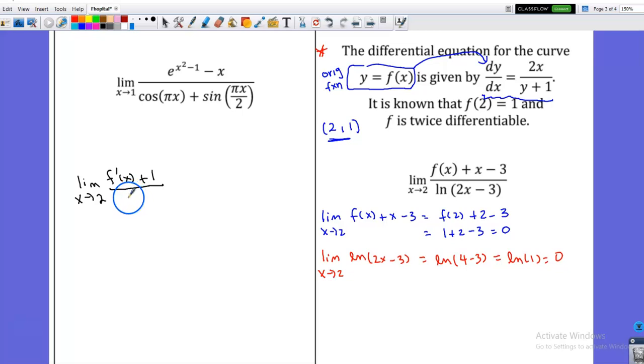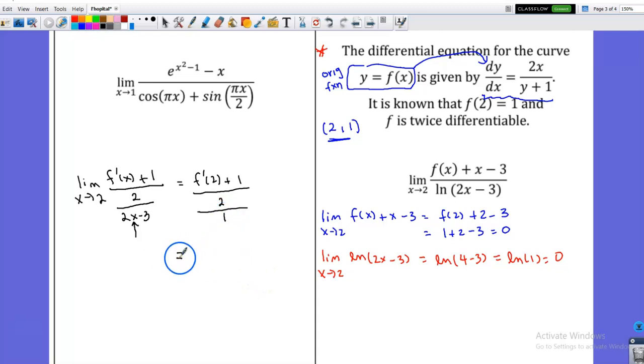So the derivative of 2x minus 3 is 2, so that's u prime over u, 2x minus 3. Substituting in the 2, f prime of 2 plus 1 over 2. Substituting in the 2 here, 2 times 2 is 4. 4 take away 3 is 1, so that works out nicely.